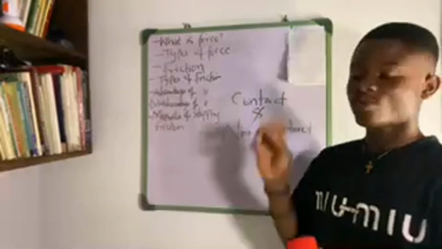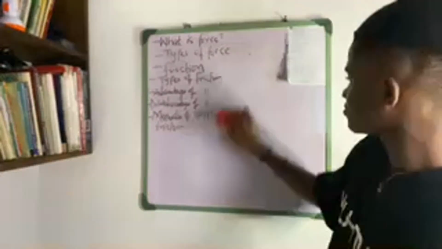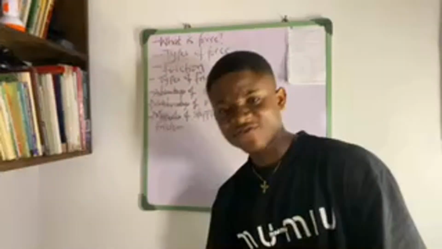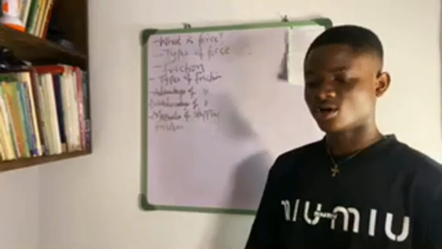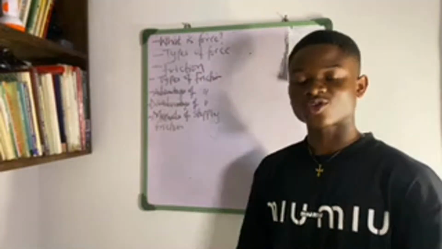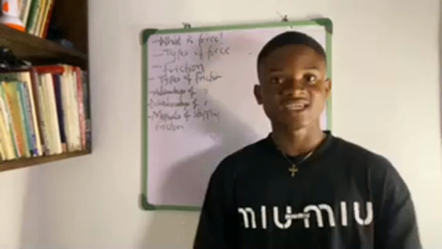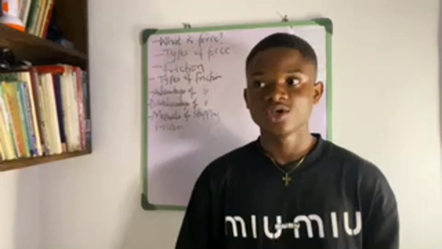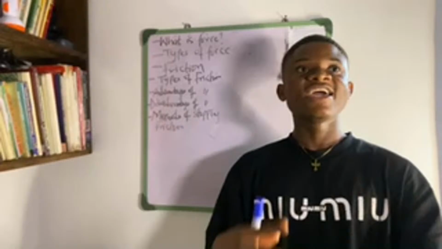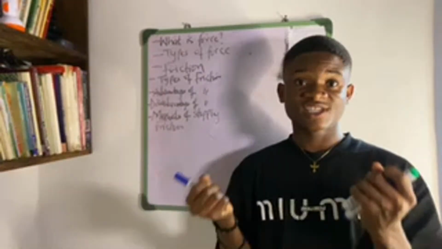So we have two types of friction. Have you played ball before? The ball rolls and comes to a stop. It was friction that stopped it from moving, because the ground is rough. The ground is not that smooth, so it stopped it from moving. So every rough surface will generate friction.